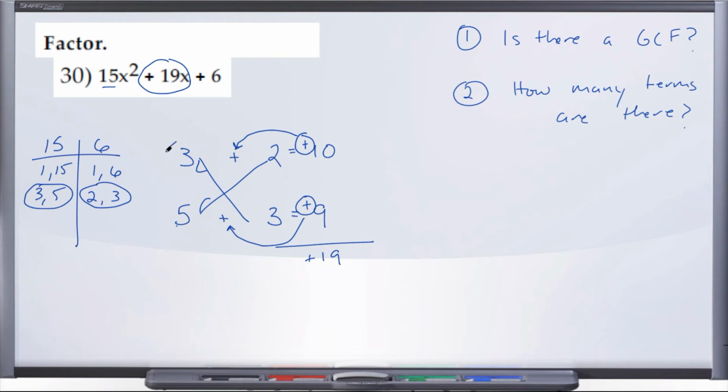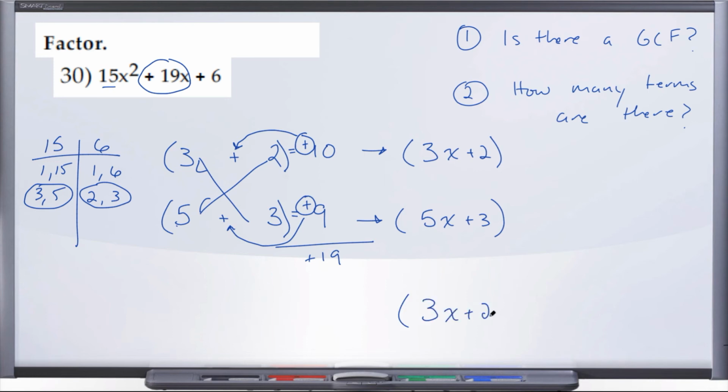And now we're going to wrap our original terms, or our factors rather, horizontally to get 3x plus 2. And down here, we'll get 5x plus 3. And these are our two terms now for when we factor. We end up with 3x plus 2, 5x plus 3, and there you have it.